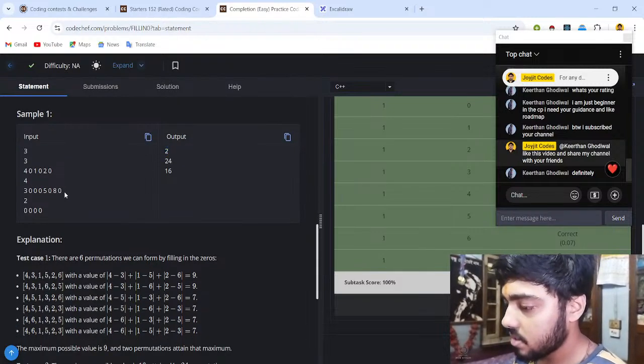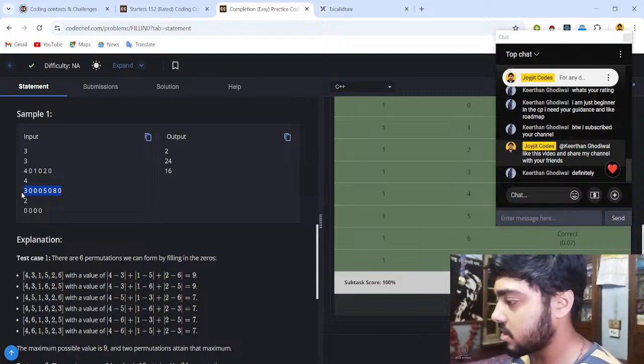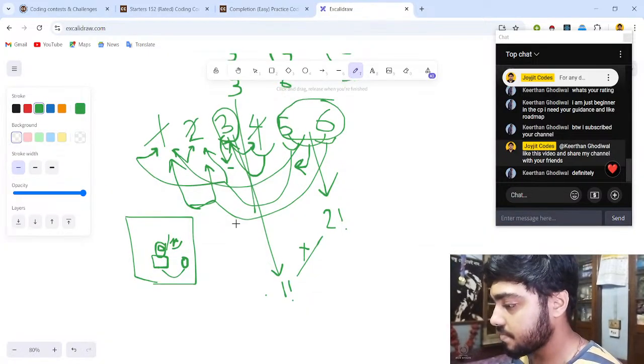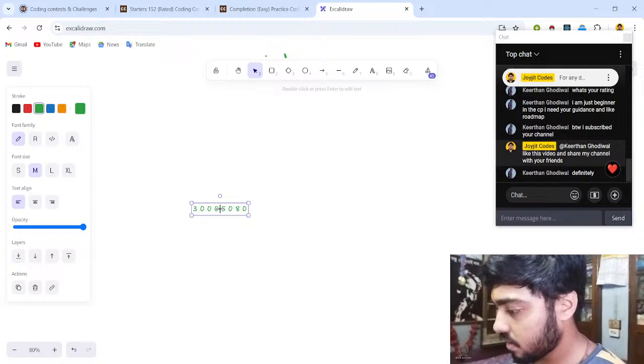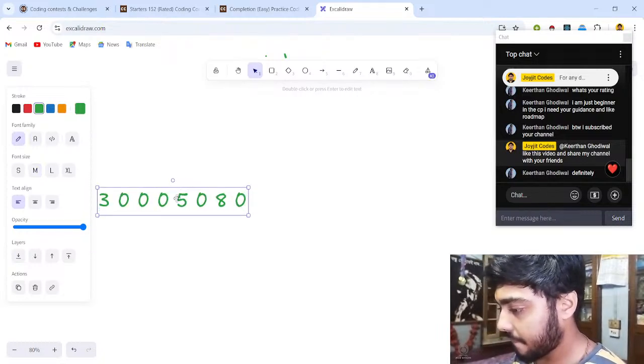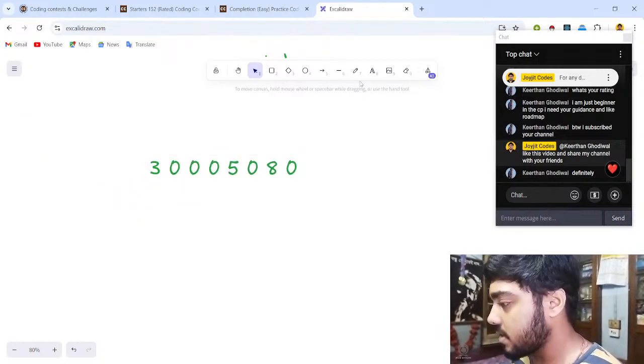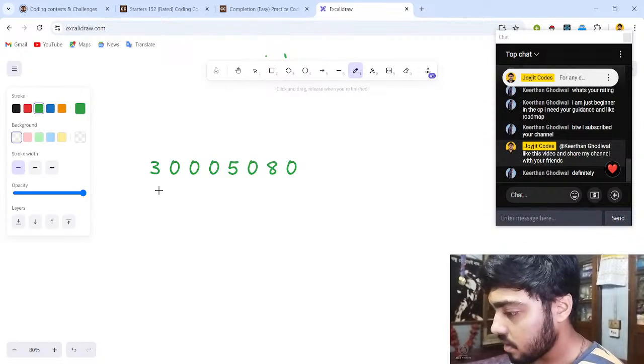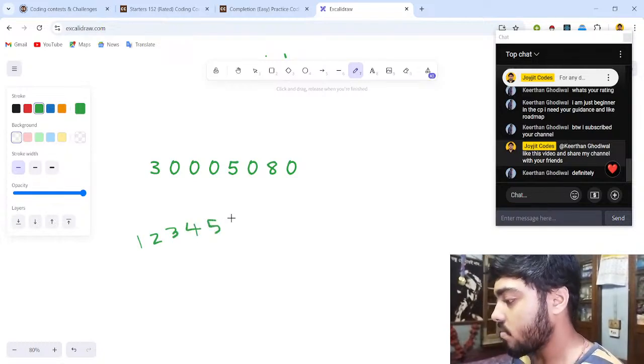Now for this, I'll copy this and explain this also. Now let's say we have this. So if we write 1, 2, 3, 4, 5, 6, 7 and 8, right?